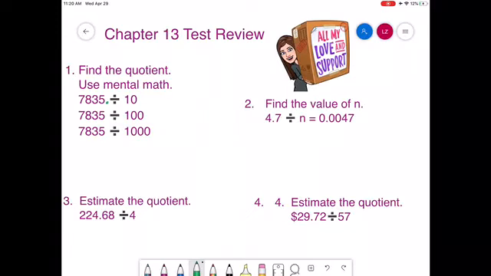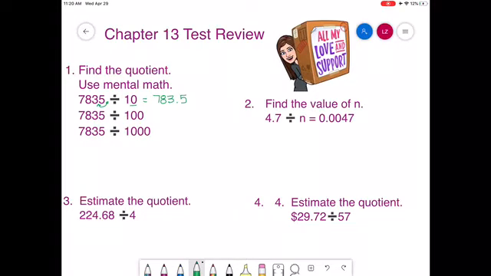So you are going to move it over one spot. Remember, you're moving it over the amount of zeros or the amount that the exponent tells you to. So our new answer is going to be 783 and 5/10.